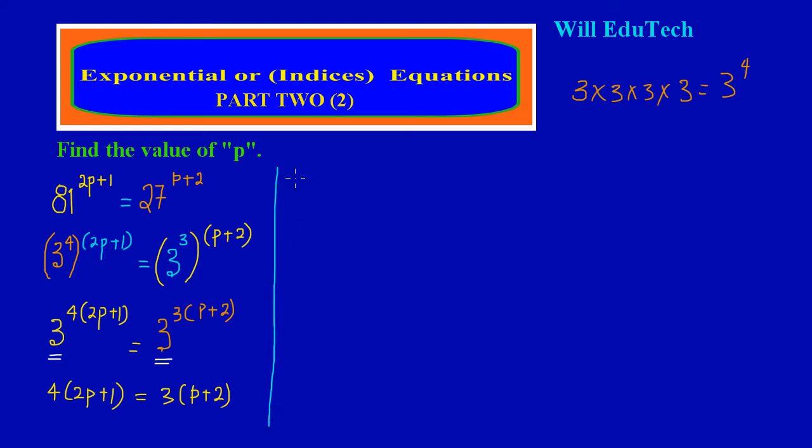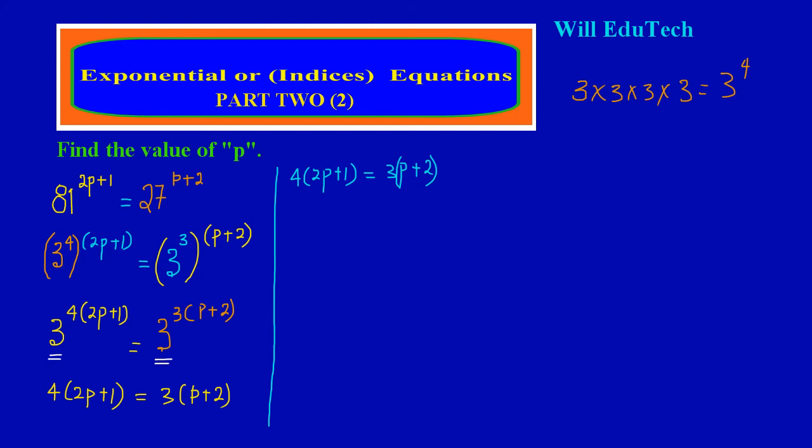Let's just pull it over on this side. Let's just rewrite it up here first. I have 4 open bracket 2p plus 1 close bracket, and that is equal to 3 open bracket p plus 2 close bracket, okay? Oops, I forgot my bracket. Let's just put them there.